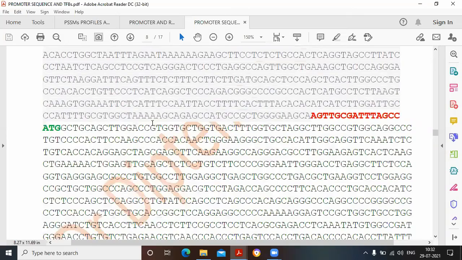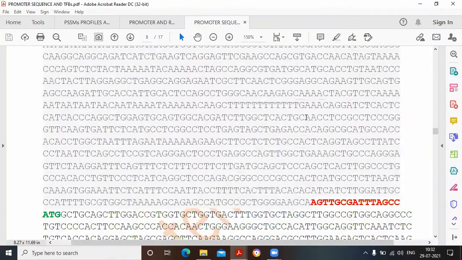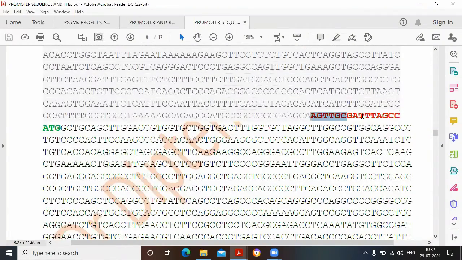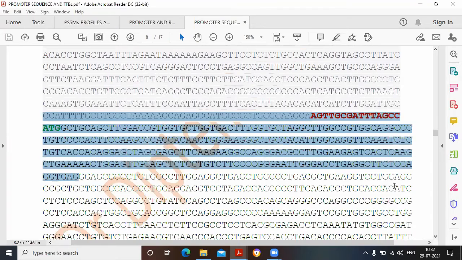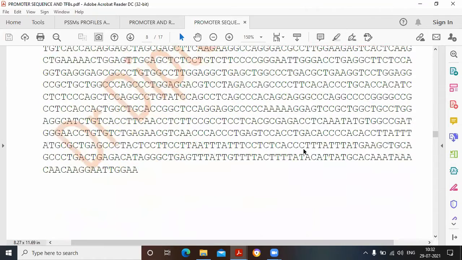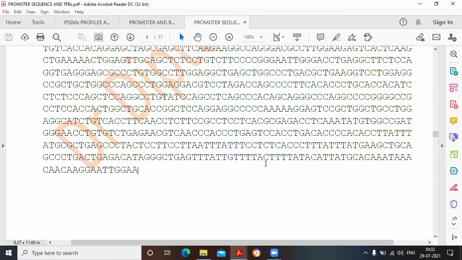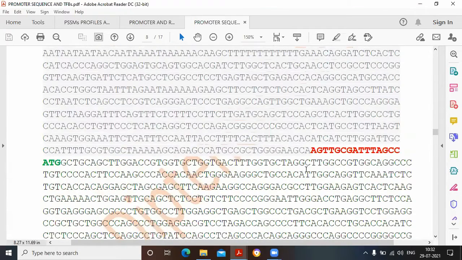You copy the sequence and paste it here, before the red part. From the red alphabet onward is my actual mRNA sequence, which I have already taken from NCBI in FASTA format and pasted beforehand. I calculated these positions from here, clicked on get sequence, copied it, and pasted it just before my sequence.